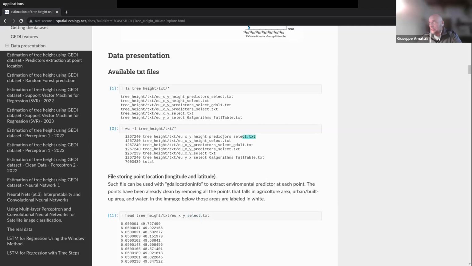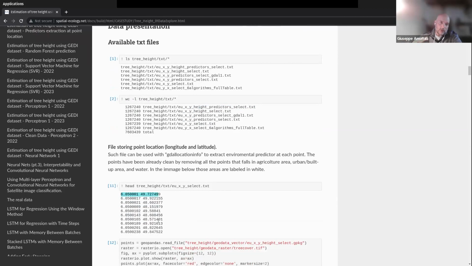Then I also have the predictors. So at each point location, still with location info or with all the other methods of point extraction, I can see at that position which are the predictors, which are the environmental conditions that can be returned.